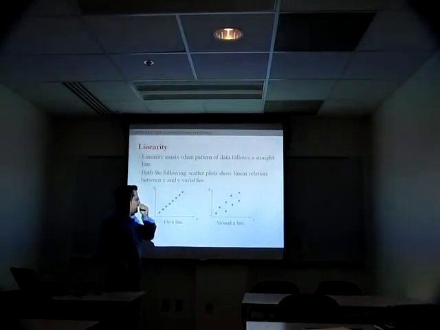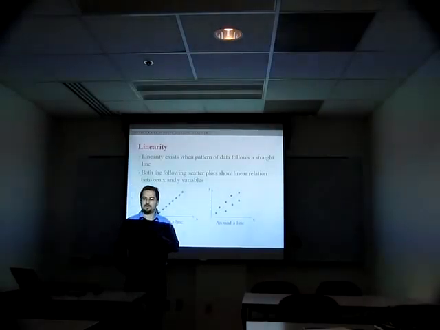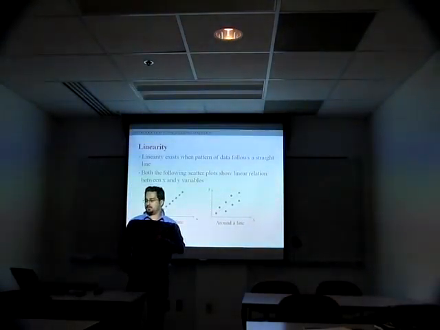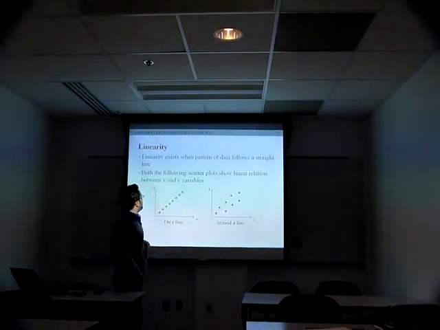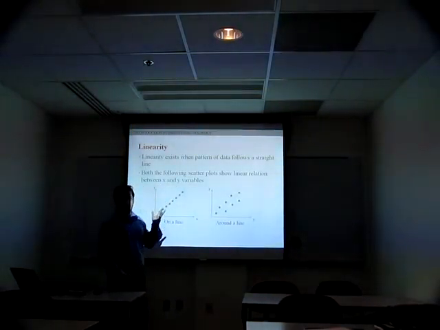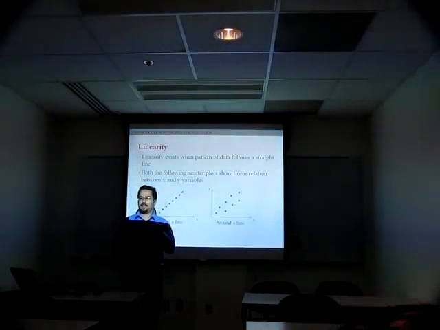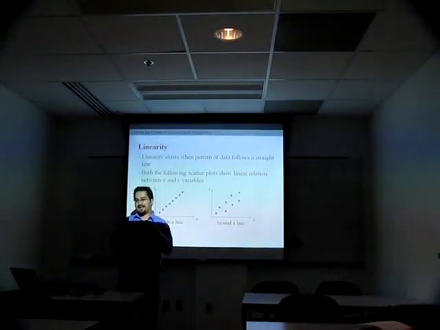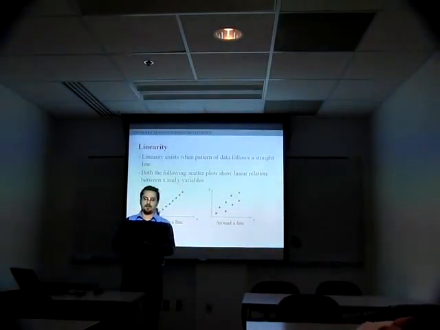Again, for interpreting this value, I just brought some scatter plots to talk a little bit about this correlation coefficient more graphically. The concept of linearity. We say linearity exists when the pattern of the data follows a straight line.